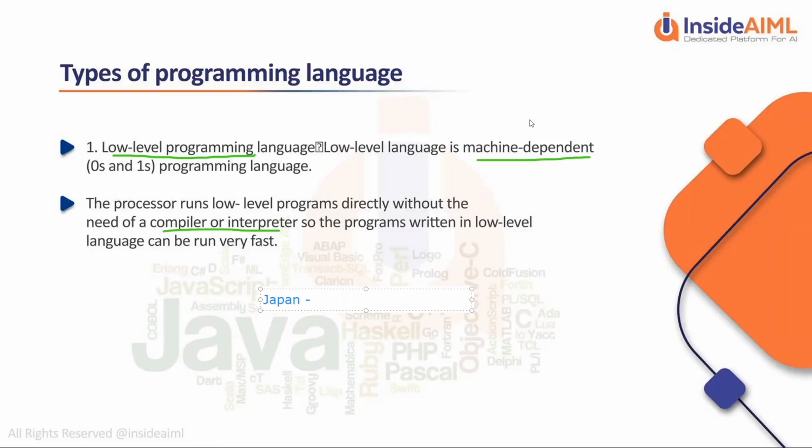So you're going to convey your message to the translator, then the translator is going to translate whatever you have conveyed into Japanese, right? So you require a translator to communicate with them, right?